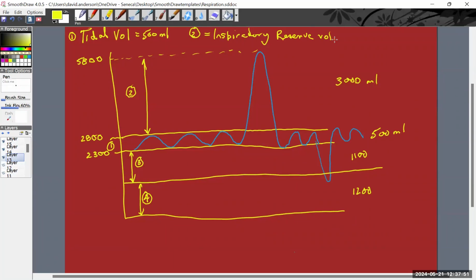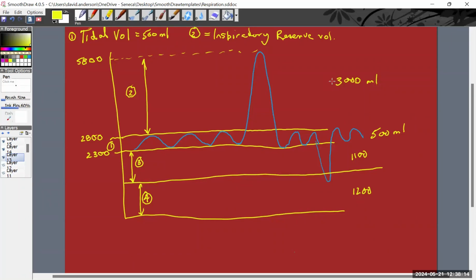So that means the extra air you could breathe in if you took a really, really completely deep breath, and that would represent about 3,000 milliliters in a typical male. So females are usually about 25% difference. A lot of factors come into play: the overall size of the individual, the fitness of the individual.